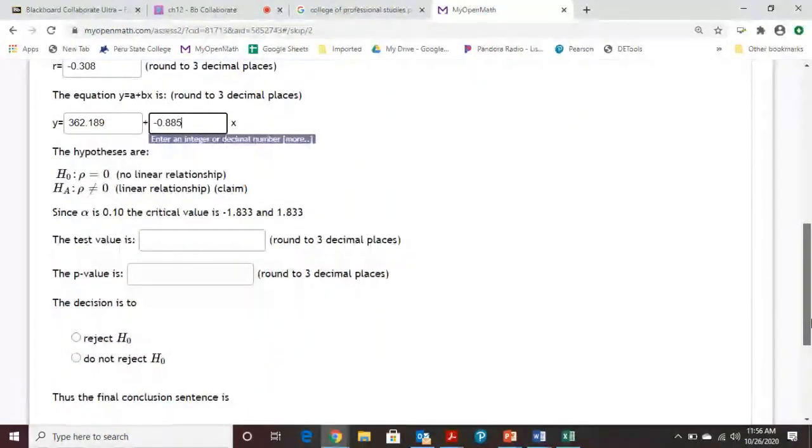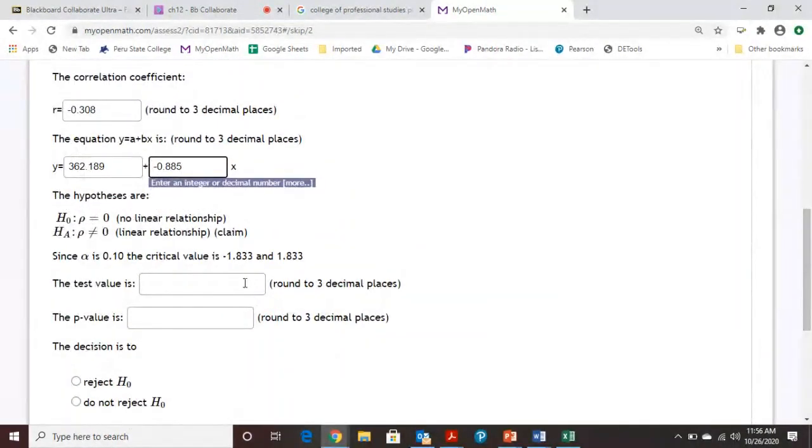All right, let's see. The test value was the t, which is negative 0.970, to three decimals. And we didn't even find the critical value.